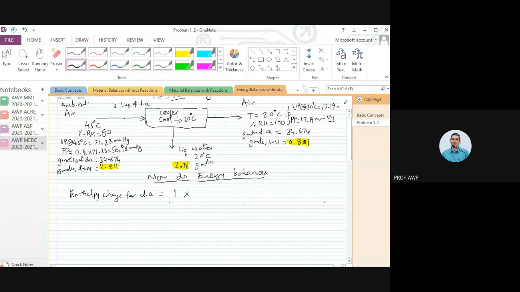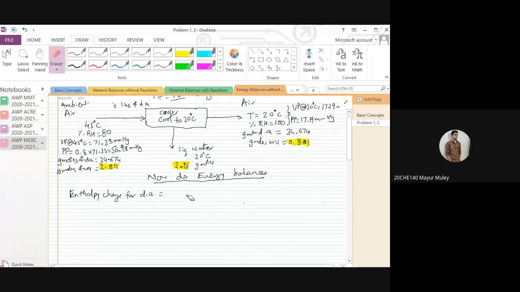Okay. 1 kg of dry air, sir, which means I calculated the weight of nitrogen as well as oxygen in this, so that we can do separate energy balance for them.